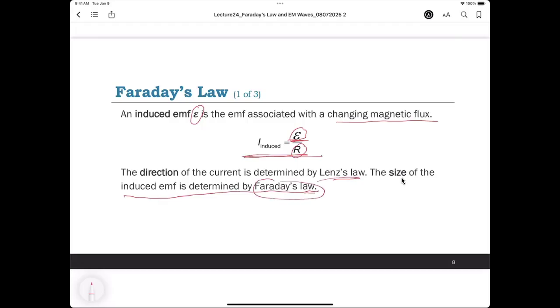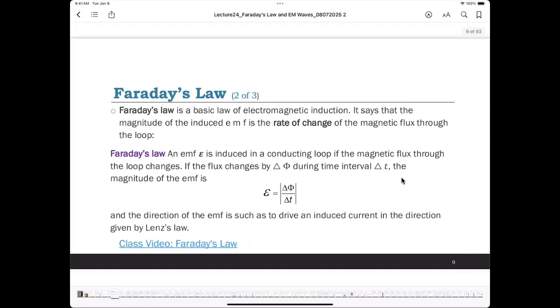Faraday's law is a basic law of electromagnetic induction. It says that the magnitude of the induced EMF, sorry, it should be closed, is the rate of change of the magnetic flux through the loop. This is the content of Faraday's law.